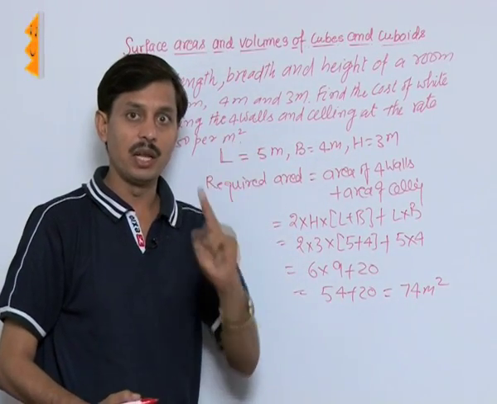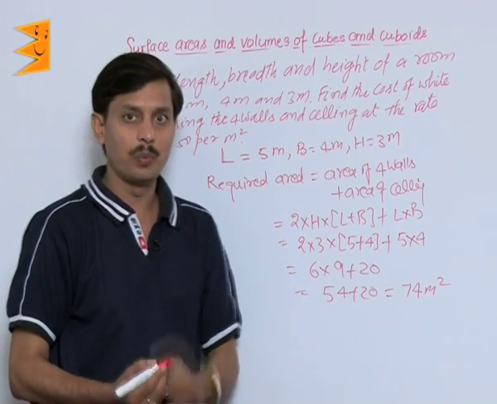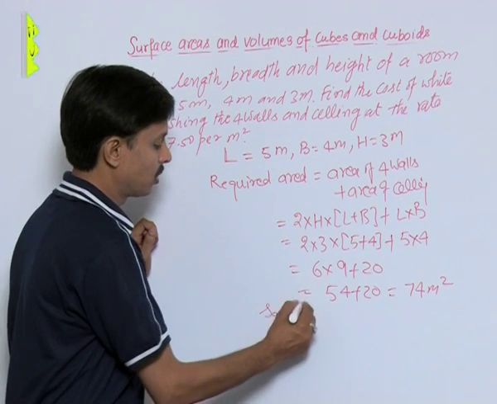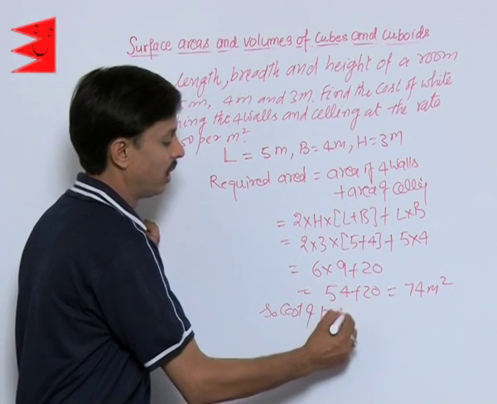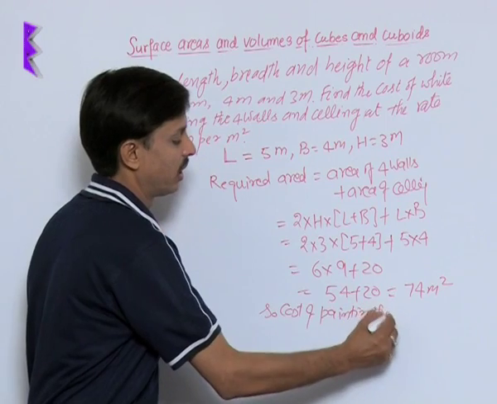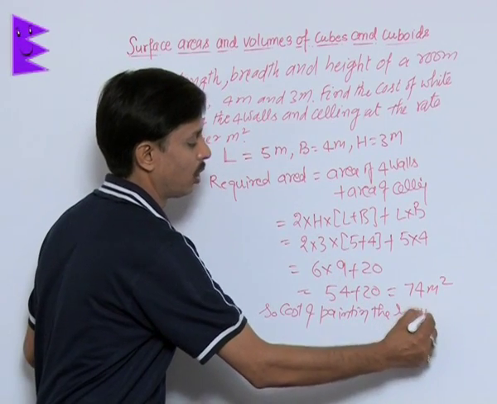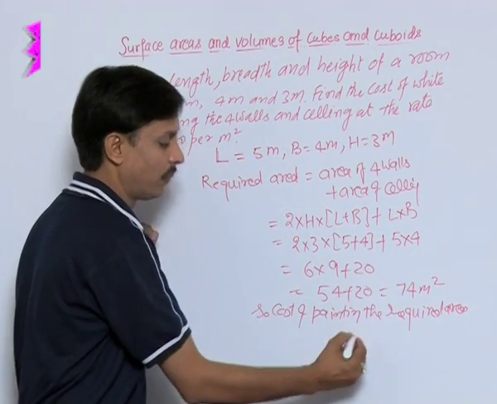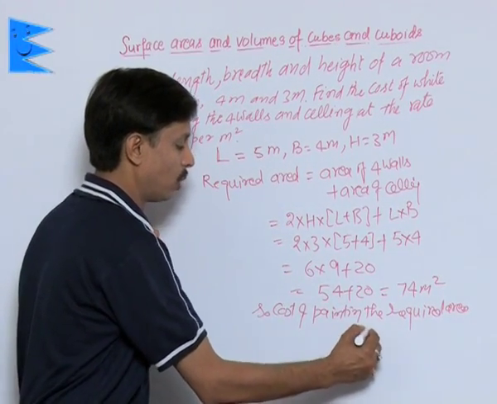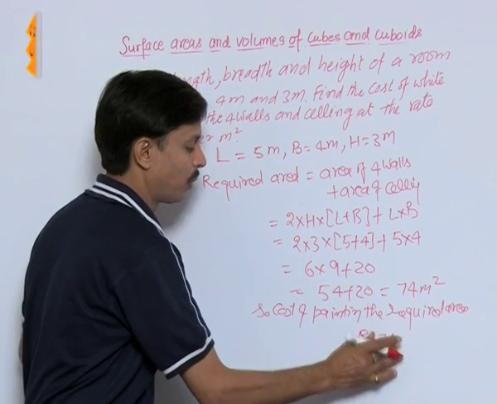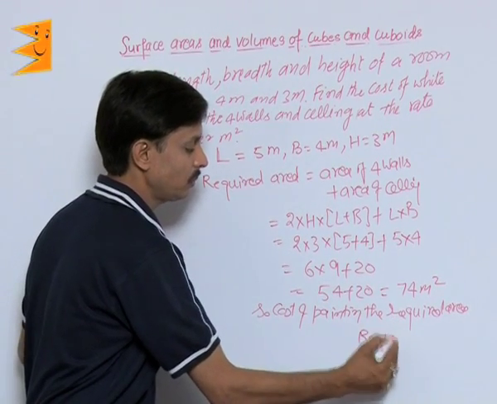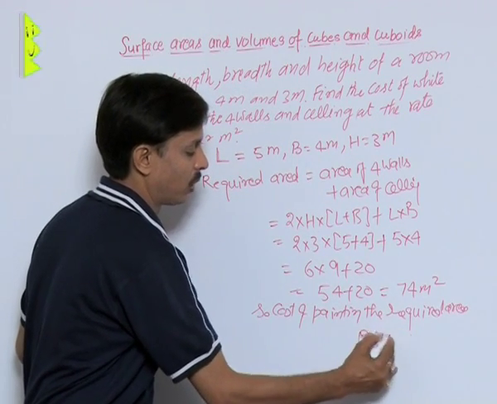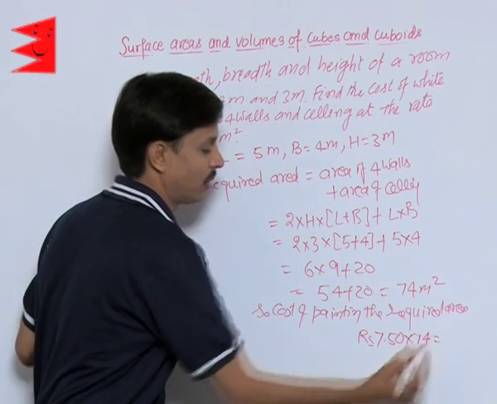Cost of painting 1 meter square is rupees 7.50. So the cost of painting the required area, which is 74 meter square, becomes rupees 7.50 into 74.